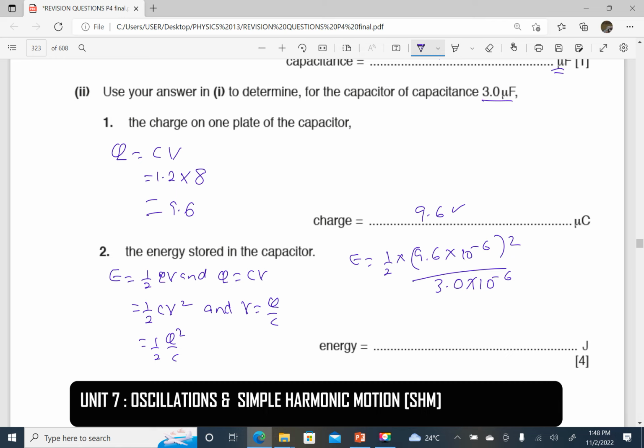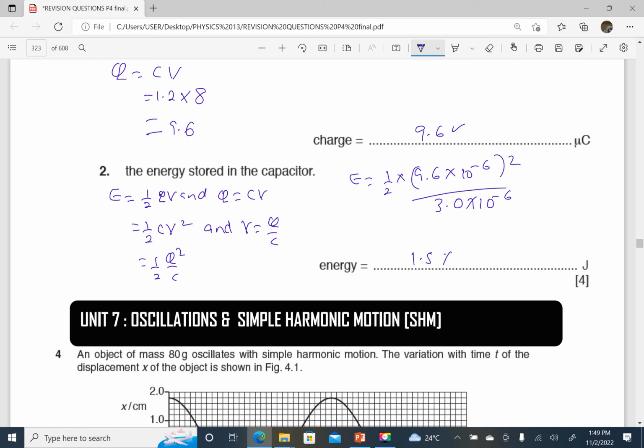You cannot use V as 8, that would be wrong. That's why I labor to find the charge, because I know Q is for that plate, and I can use the capacitance of that same capacitor. So from my calculator, I am getting 1.5 times 10 power negative 5 joules.